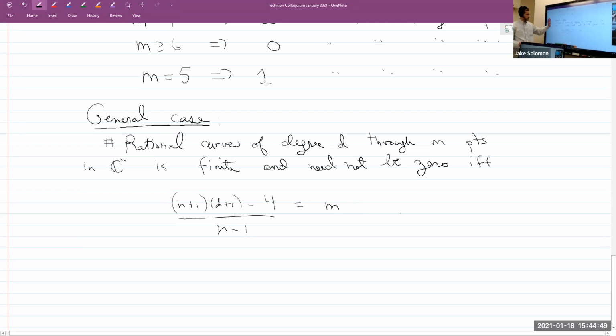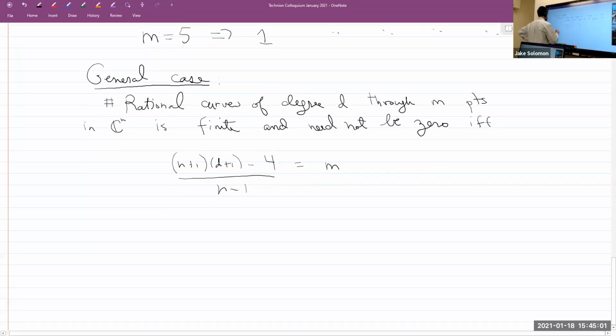Okay, so again, you just count the number of degrees of freedom, how many coefficients of polynomials you have, how many symmetries you have, and you get this thing. And then the question is, this is kind of the boring part of the story.